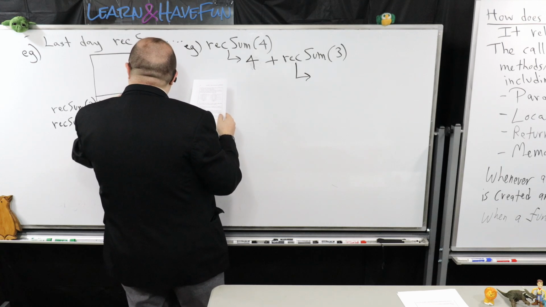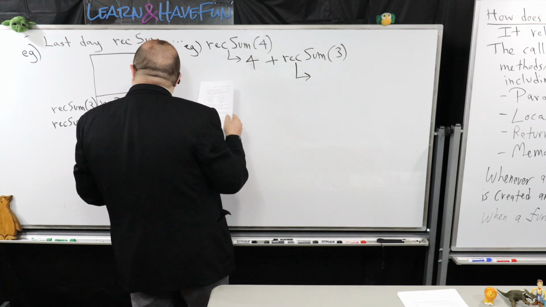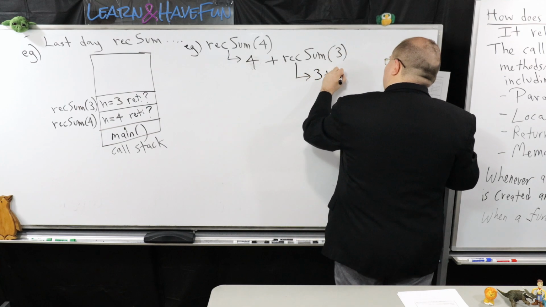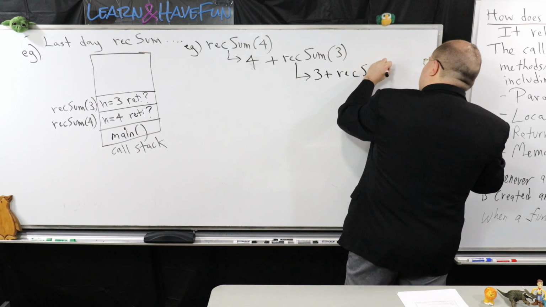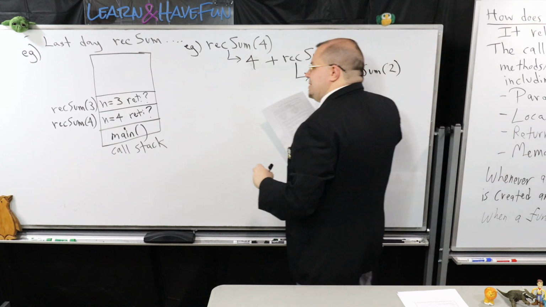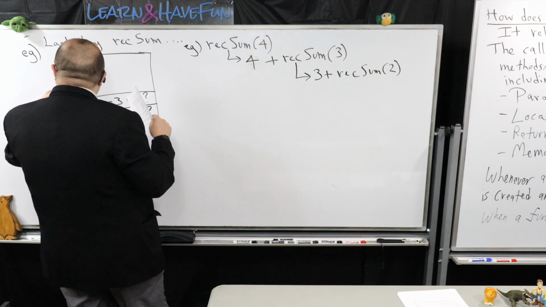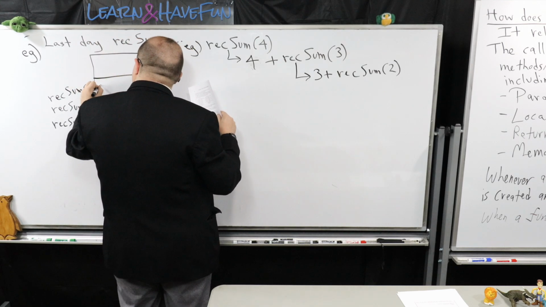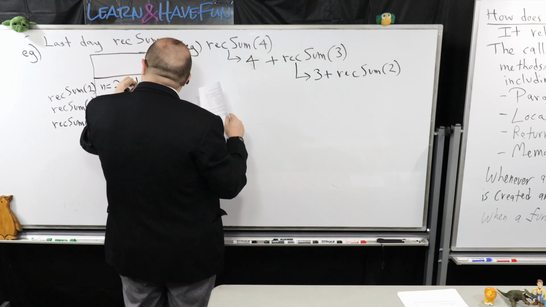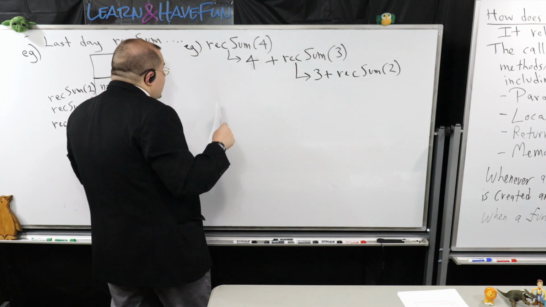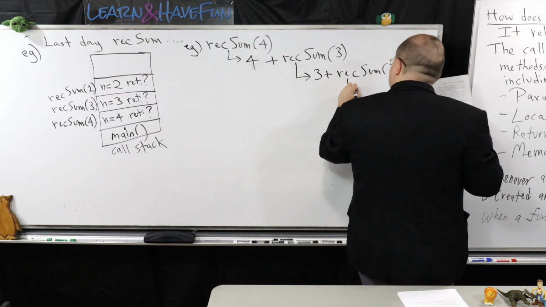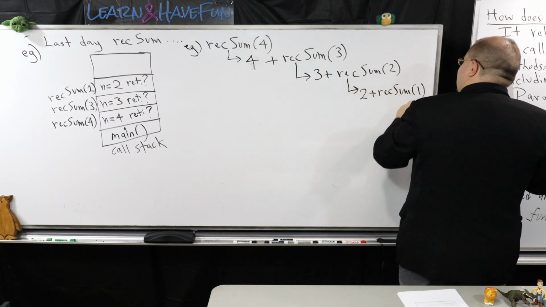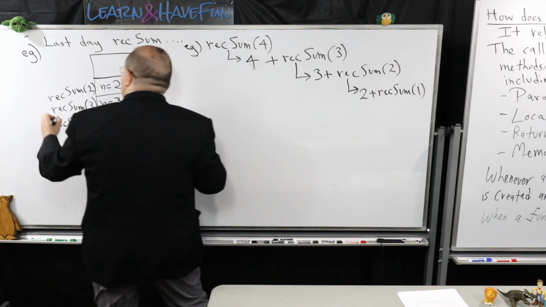So anyways, I don't know what the return value is yet for rec sum 3, but to compute it, it's 3 plus rec sum 2, right? So it calls rec sum 2. Again, the same idea. And when I call rec sum 2, it's 2 plus rec sum 1. Well, rec sum 1 gets called.